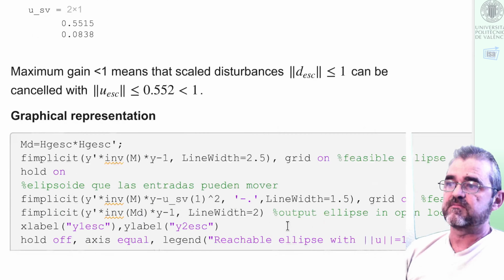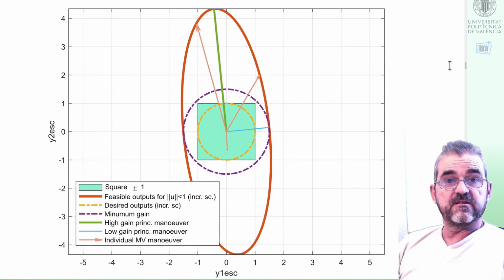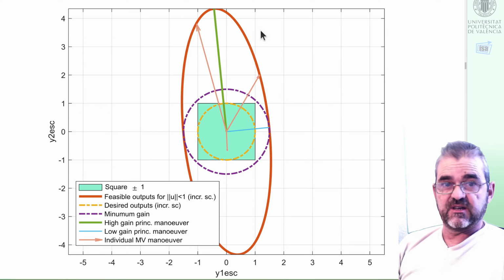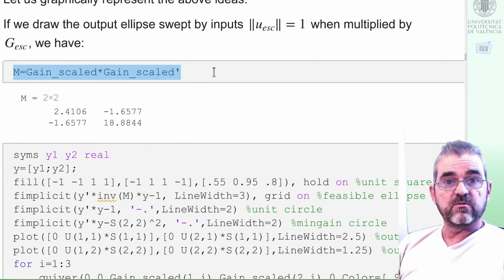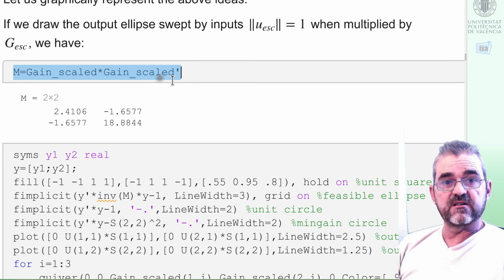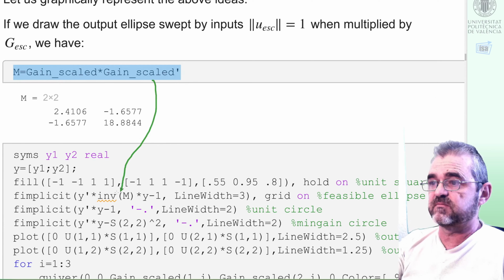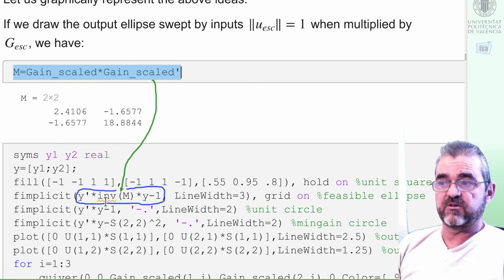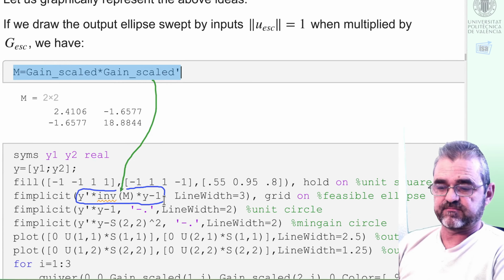How? Well, in earlier videos, we drew this red ellipse, which was the reachable output with unit sphere inputs in scaled units. And that ellipse was drawn by computing this gain transposed matrix, and then using that to draw this boundary curve denoting the limits of the reachable output space.